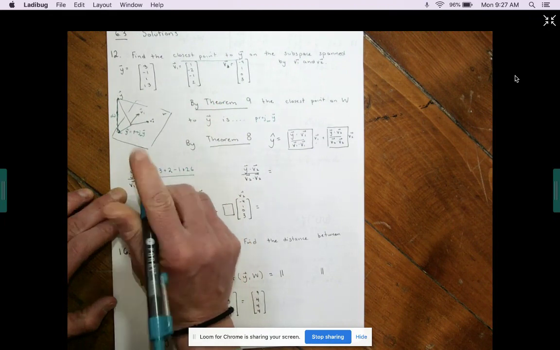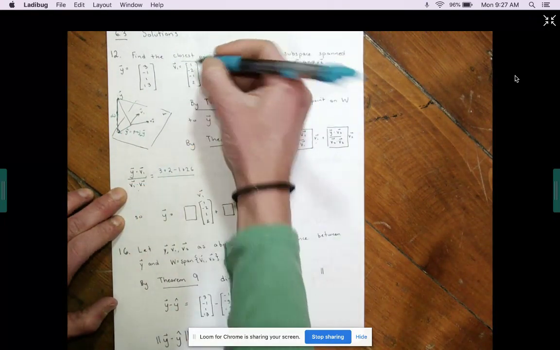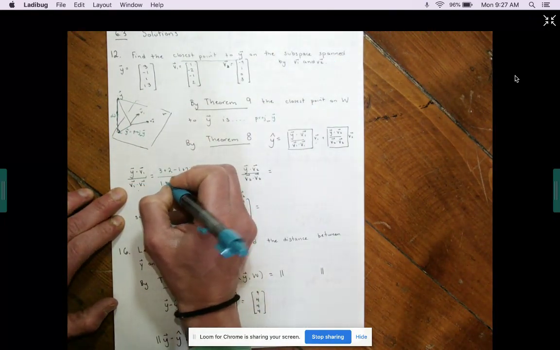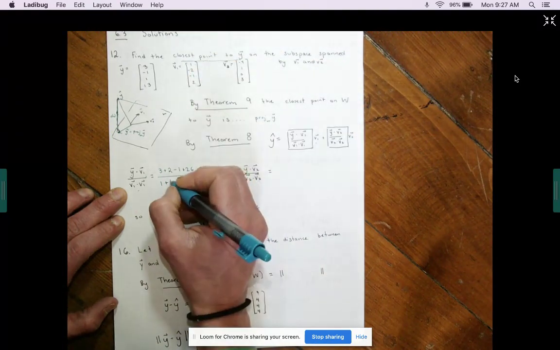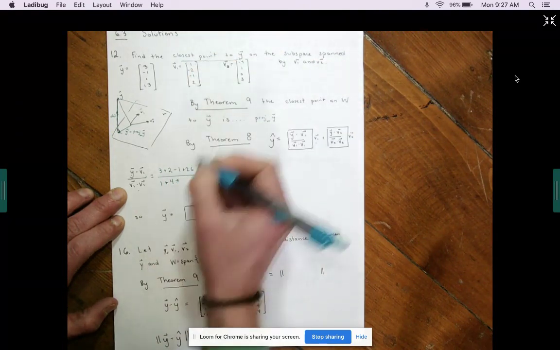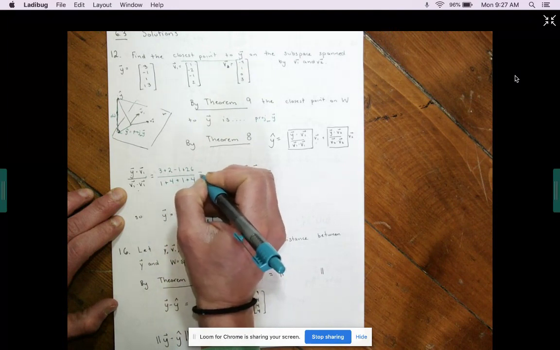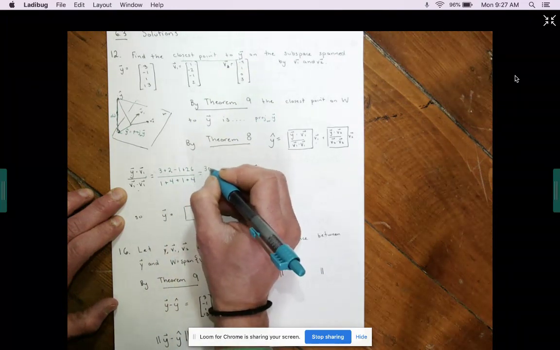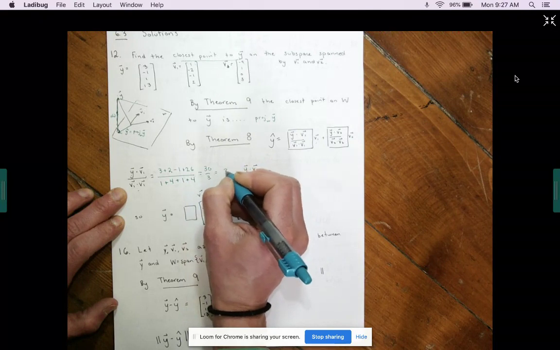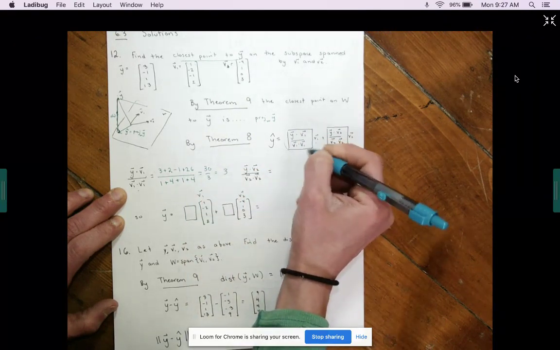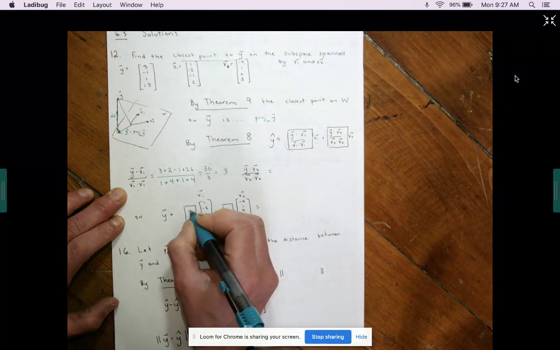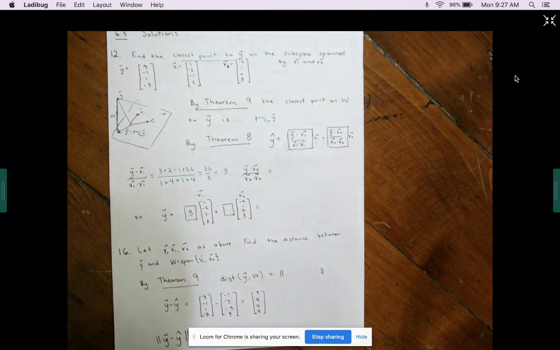And then v1 dotted with itself is going to be 1 squared, which is 1, plus 2 squared, which is 4, plus 1 squared again, plus 2 squared again. So when I simplify this all down, I get 30 over 3, which is 3. So now I'm going to put that in the slot here. 3 is that coefficient on v1.